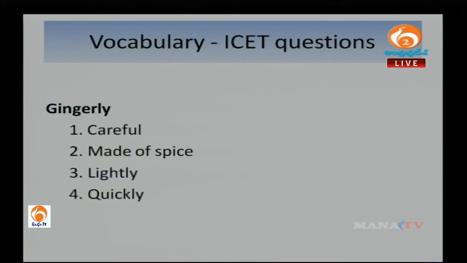So let's look at this word that we are discussing again. Gingerly. Gingerly could be careful, or made of spice, lightly or quickly. I am sure that it is not made of spice. It is definitely careful or one of the other two options. See, the answer is careful, right?